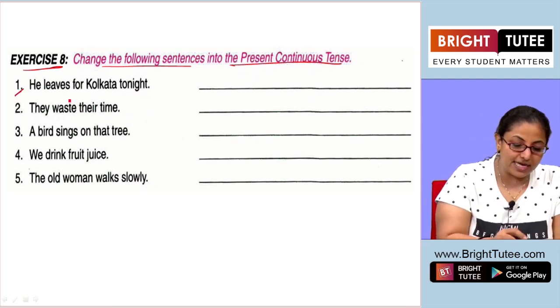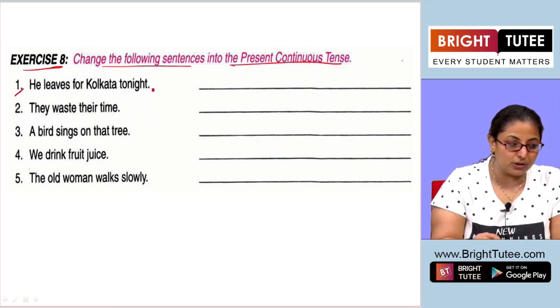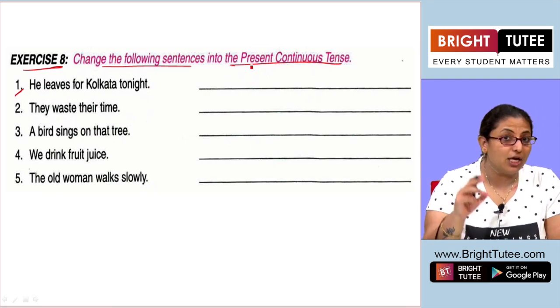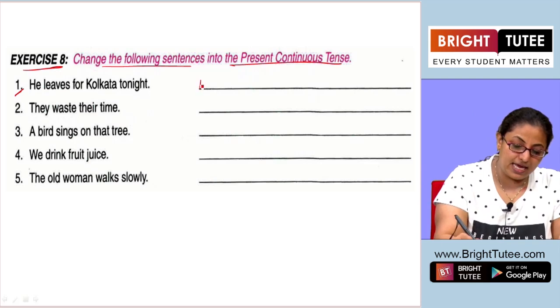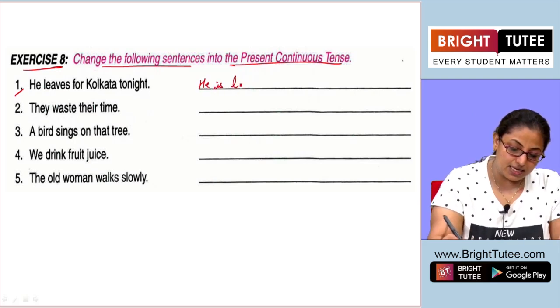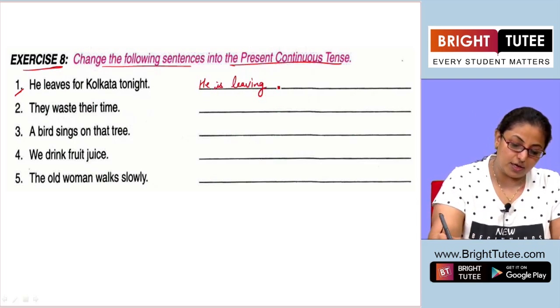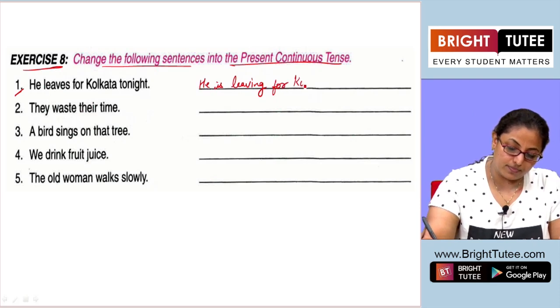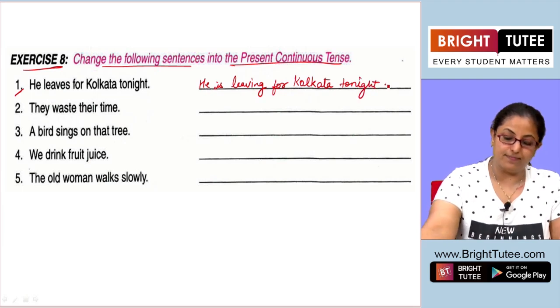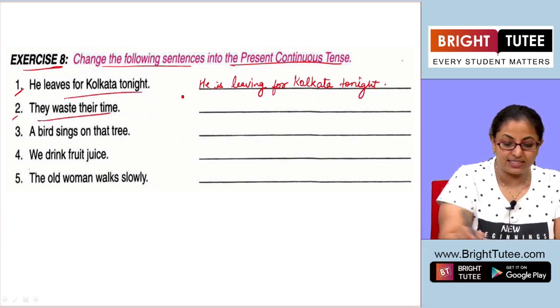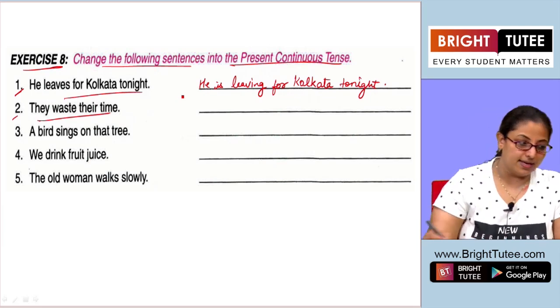So the first one is, he leaves for Kolkata tonight. Present continuous. The action is still happening. He is leaving for Kolkata tonight. They waste their time.